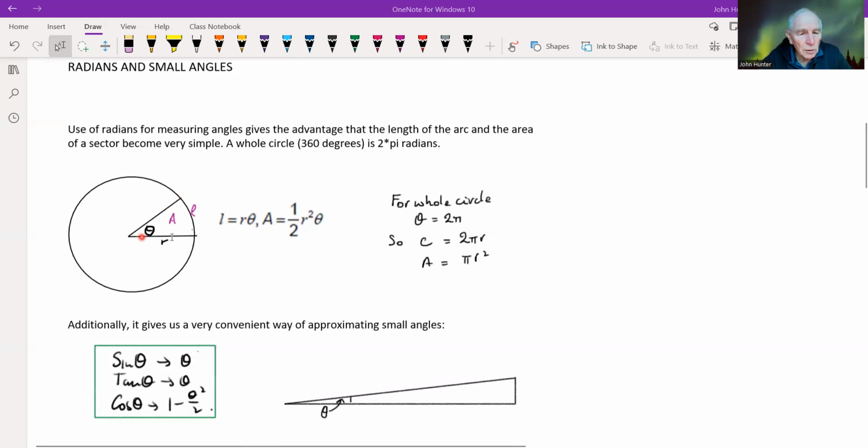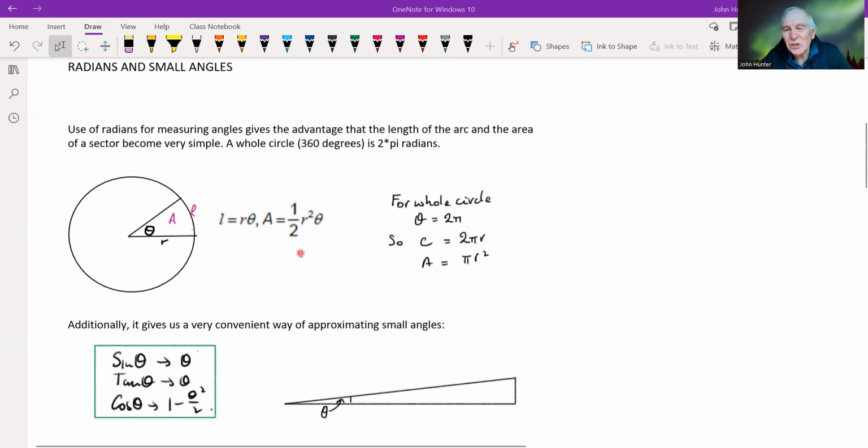Anyway, given that this angle, whatever the value is, it doesn't really matter, is in radians, then it gives us a nice easy way of calculating the length of the arc here, as that length is equal to the radius times the angle, and the area of the sector would be a half r squared theta.